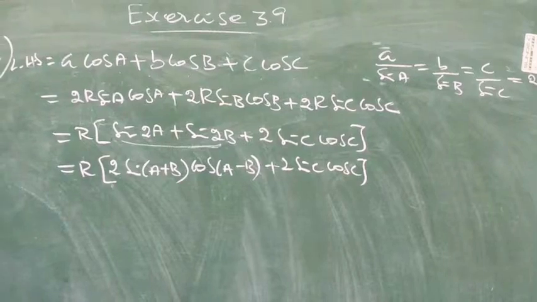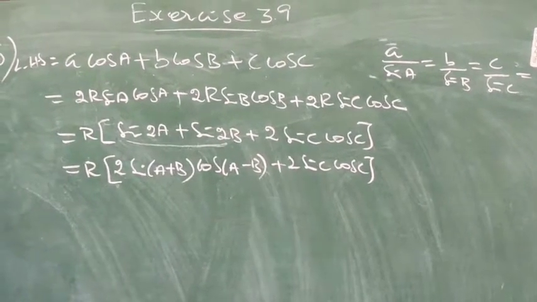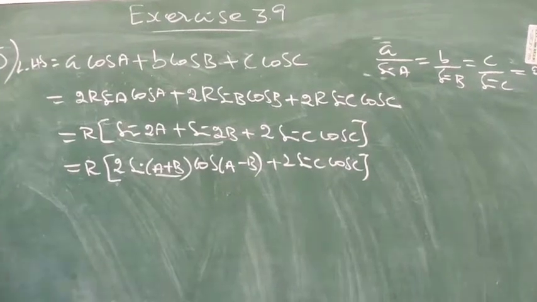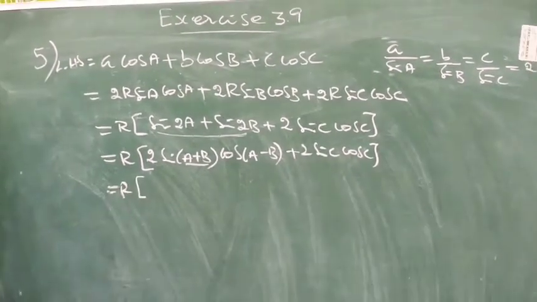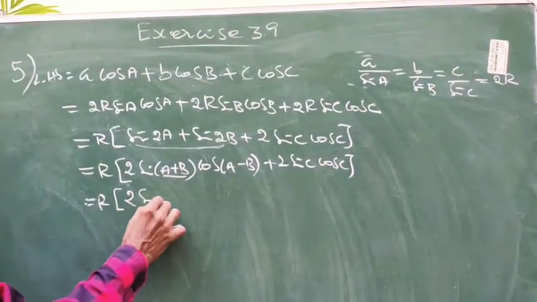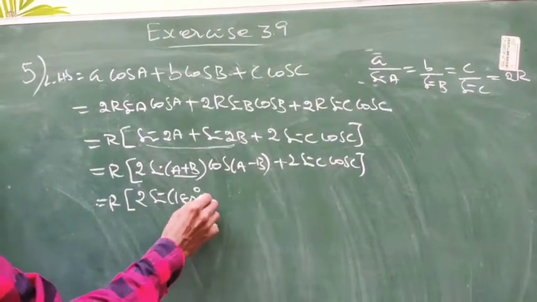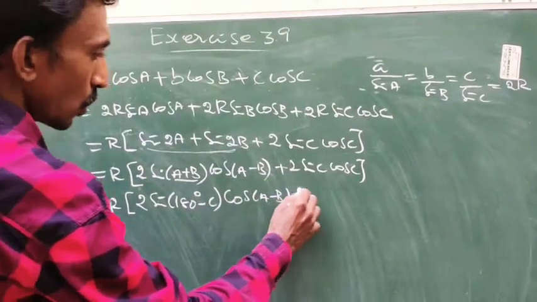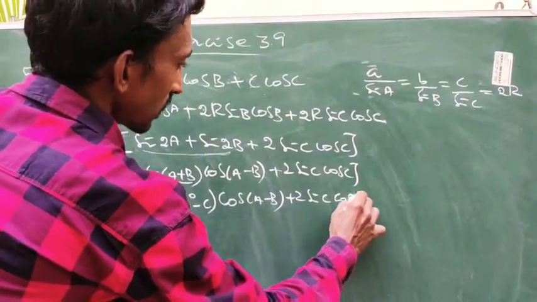Now look here. Given that it is a triangle, angle a plus b plus c equals 180. So instead of a plus b, we can put 180 minus c. So 2 sin (180 minus c) cos (a minus b) plus 2 sin c cos c.